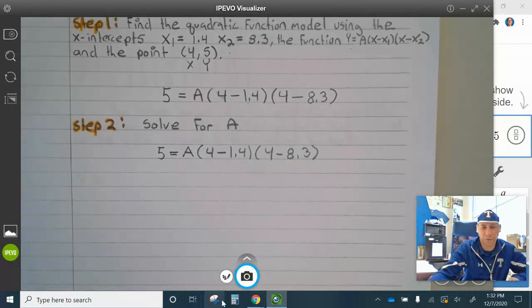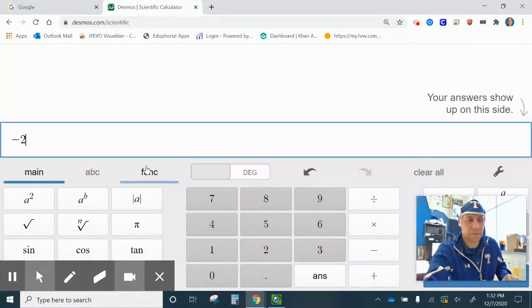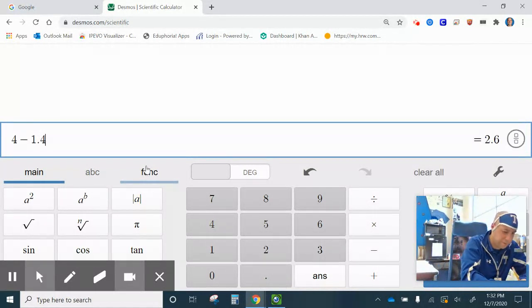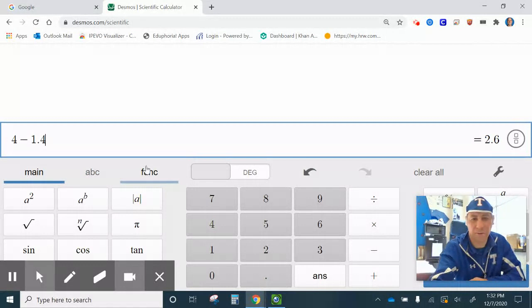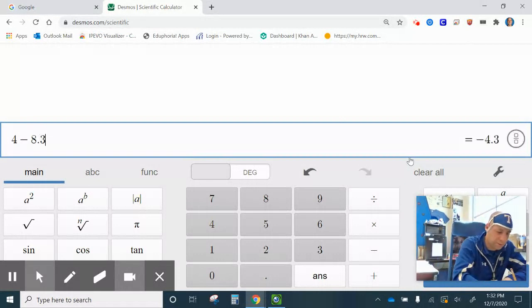So let's do 4 minus 1.4 is 2.6. And then 4 minus 8.3 is negative 4.3.